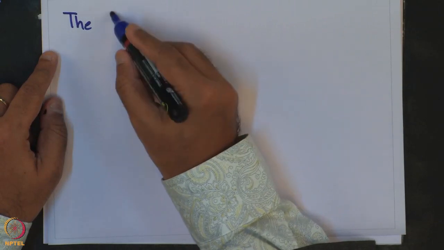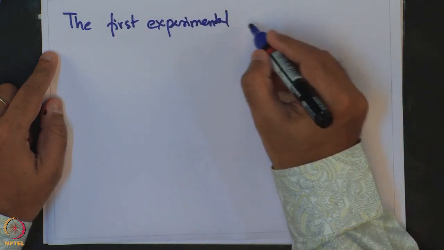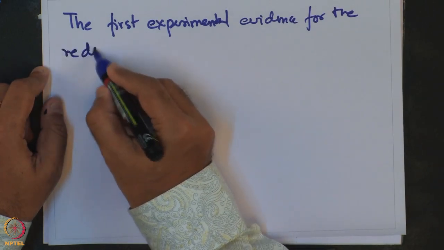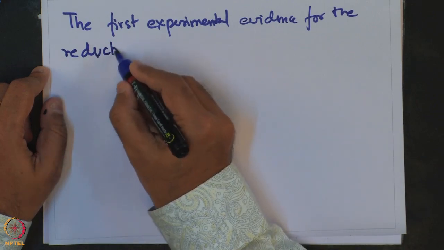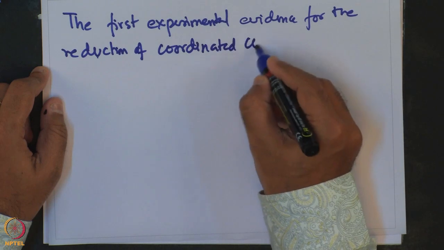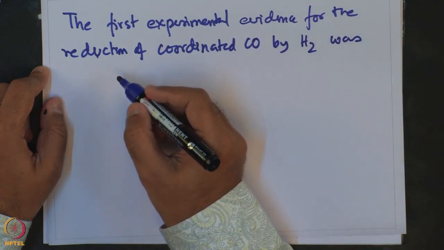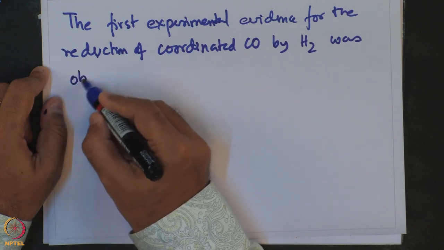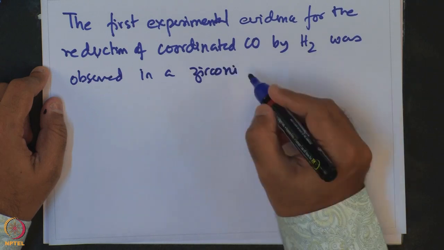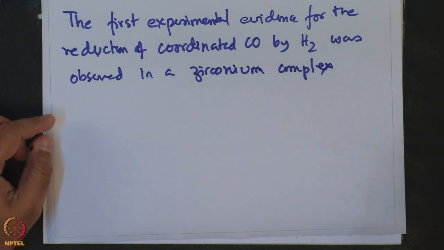The first experimental evidence for the reduction of coordinated CO by H2 was observed in a zirconium complex, and this is beautifully given by this reaction.